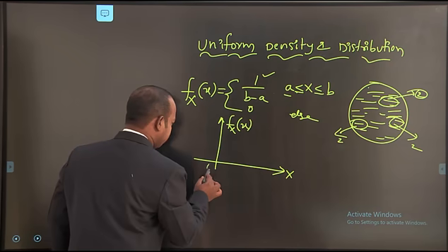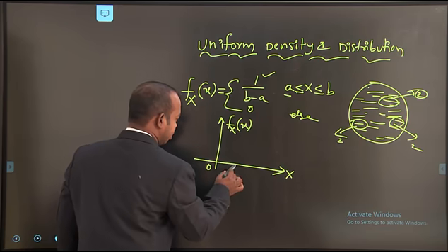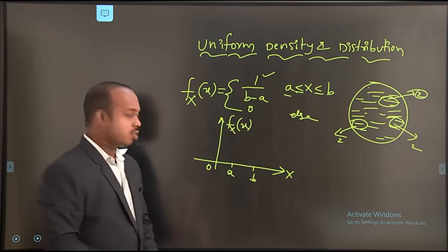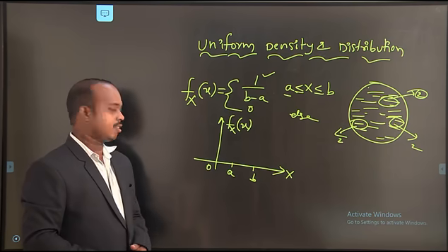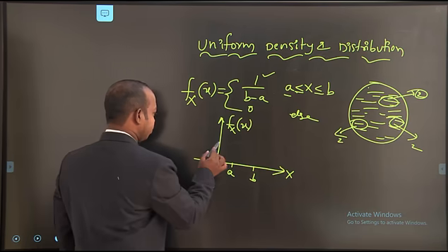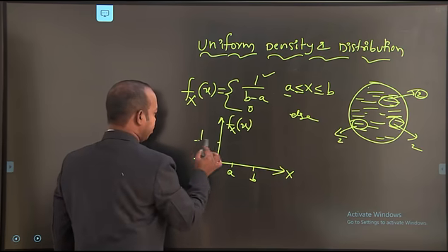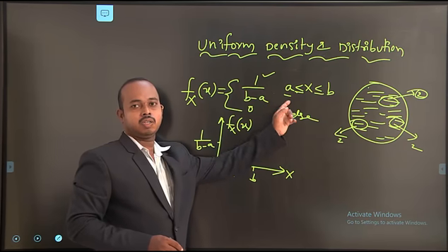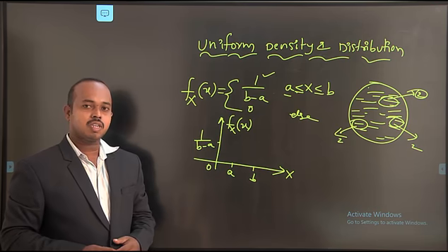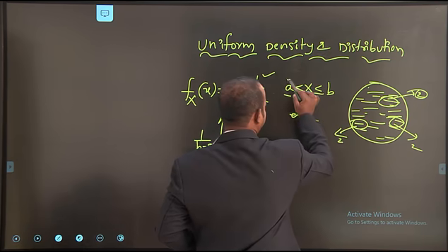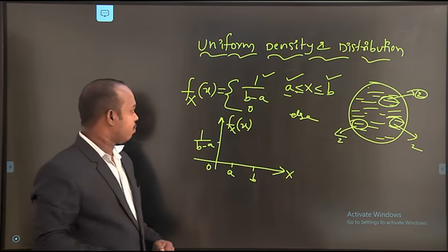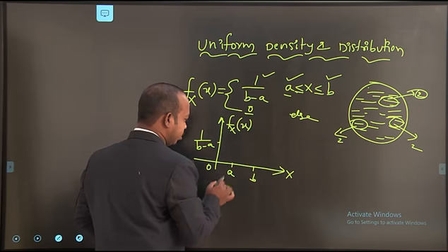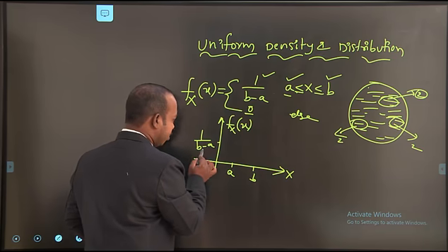The values a and b are marked on the horizontal axis, and the magnitude is 1 divided by b minus a. According to the definition of the uniform density function, it has a constant magnitude within the range a and b. Remaining all values are 0. That's why at value a its magnitude is 1 divided by b minus a.